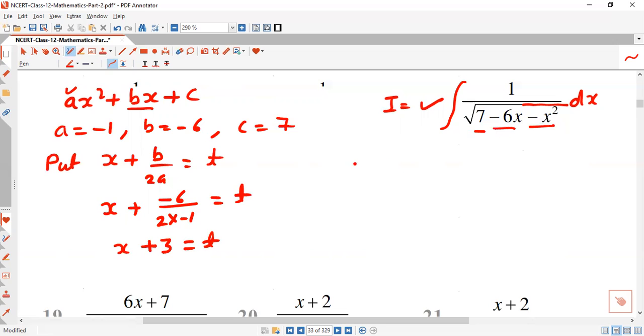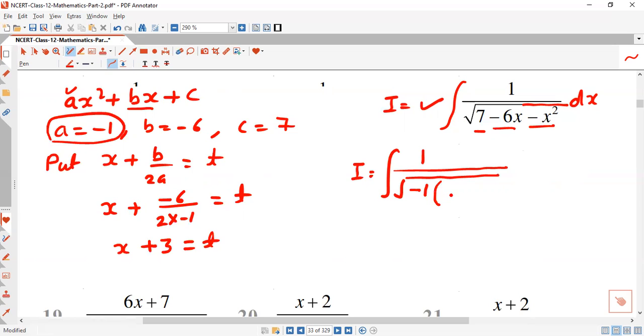So now this integration becomes 1 upon under root. What is the coefficient of a? The coefficient of x square is minus 1, so I write minus 1 and start the bracket, and write t square. After that, whether it is a plus or minus sign is calculated using the formula c upon a minus b upon 2a whole square.